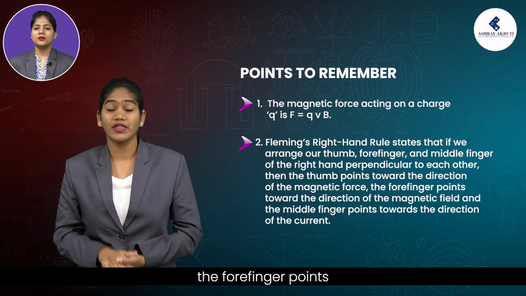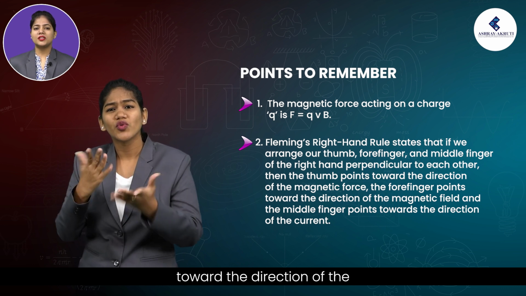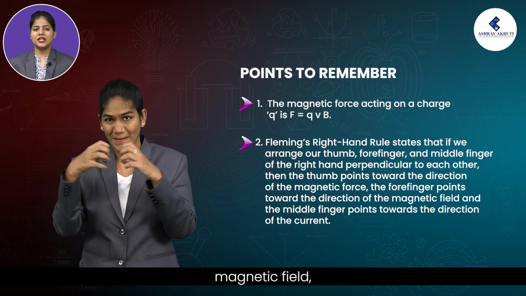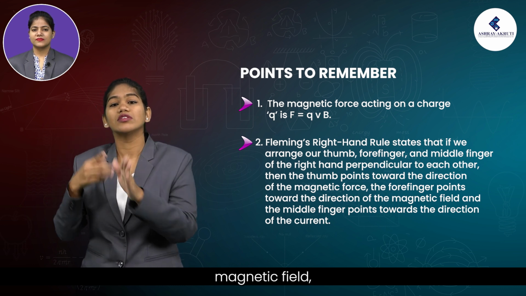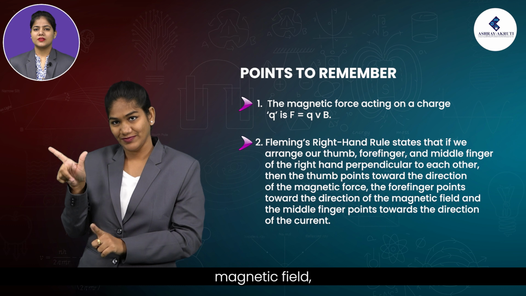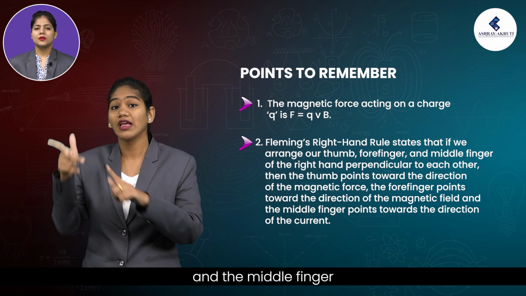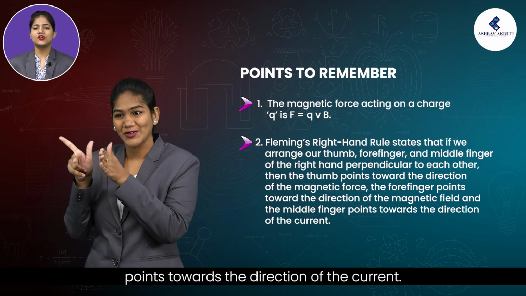The forefinger points toward the direction of the magnetic field. And the middle finger points towards the direction of the current.